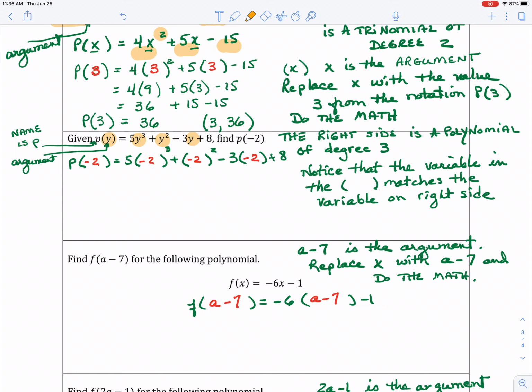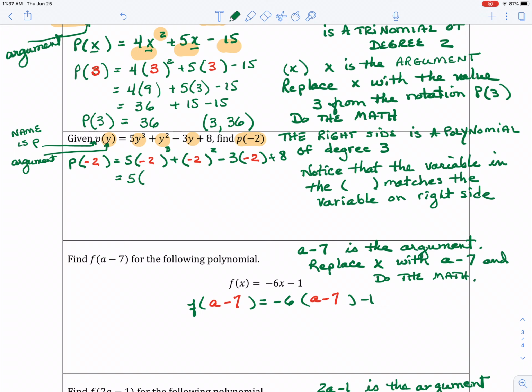And now I'm asked to find p of negative 2. So here we go. You see I've written down the lowercase p for the name of the function, and then in the parentheses for the argument, I've put the negative 2, and you'll see me making all those replacements over there on the right-hand side. All right, so here I go with the math.